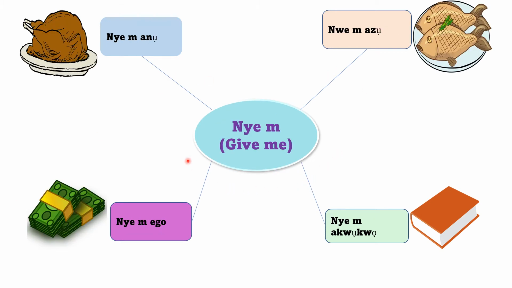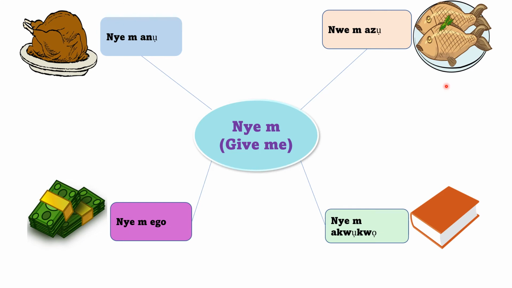The next word we want to use to form sentence is nyem, which means give me. So for example, this is meat and it's anu in Igbo. So you say nyem anu. It means give me meat. Nyem anu. So this is azo, and azo is fish in Igbo.